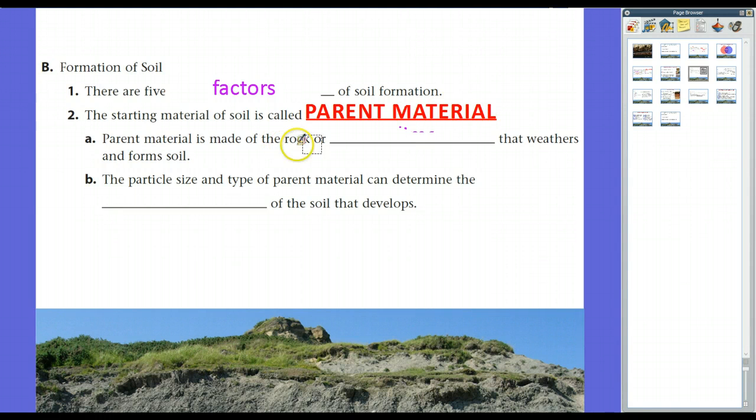Now, parent material is made of the rock or sediment that weathers and forms soil. Okay, the particle size and type of parent material can determine the properties of the soil that develops. Igneous rocks might have more quartz in them, more sedimentary mudstone, stuff like that, worn down over time. Clay material will determine things like that. Okay.